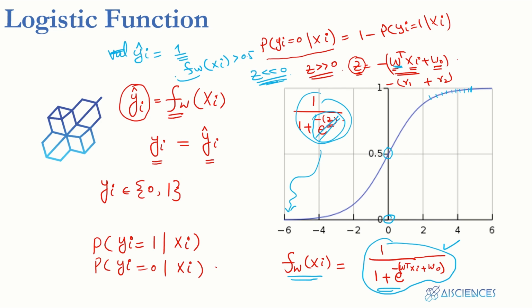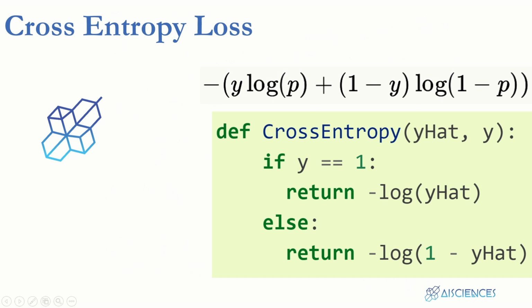Otherwise, the prediction can be assigned to 0. So if we can learn these w's from the training data, then we can come up with predictions by thresholding this value at maybe 0.5 or maybe a biased value, let's say 0.7 or 0.4 or something like that. So that's about the logistic function.